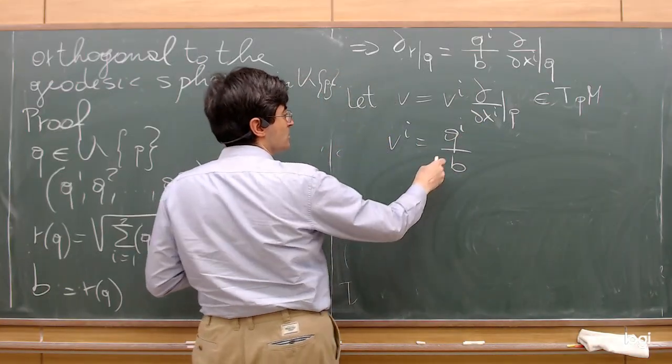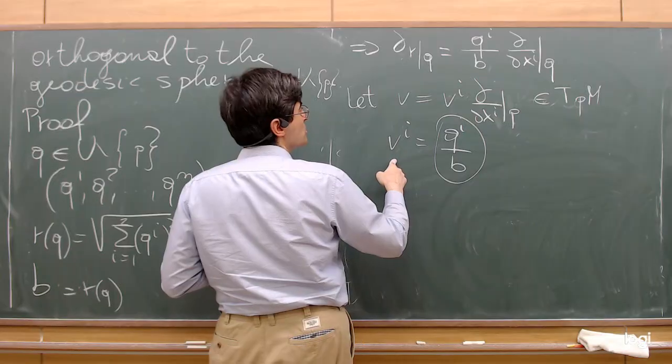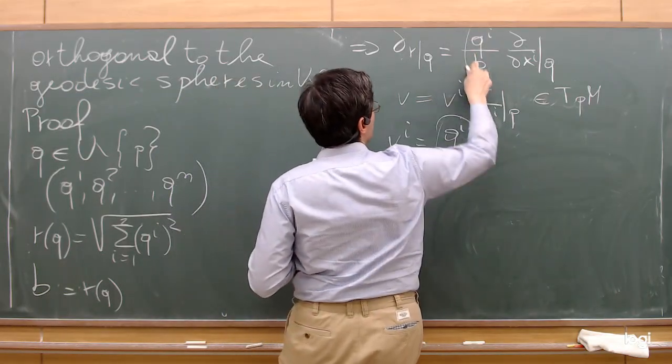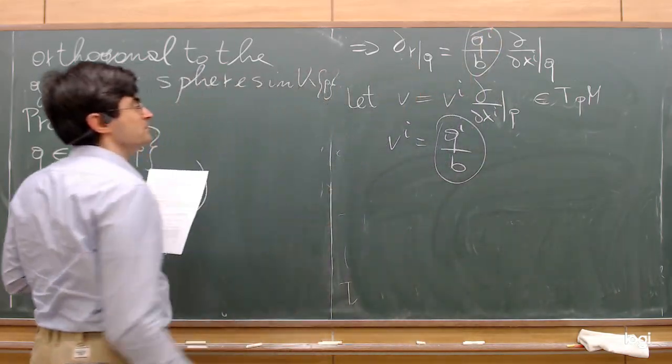So this means that the components of this vector are the same as delta R at Q.